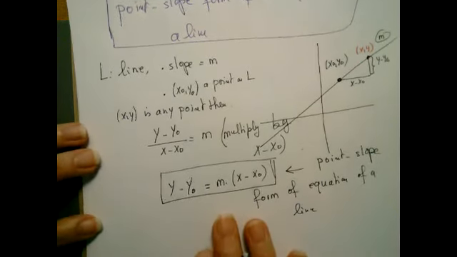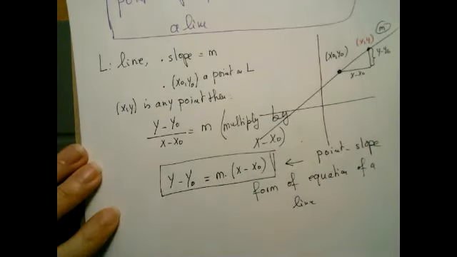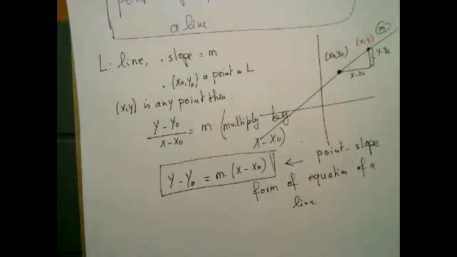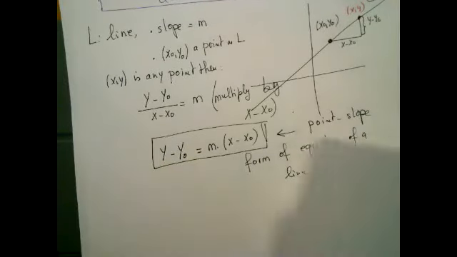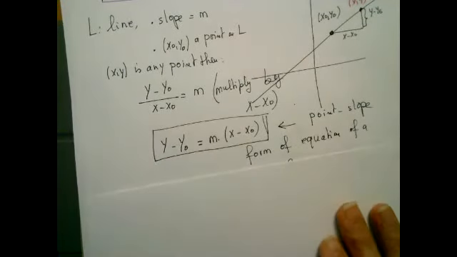So let us use this form immediately. I'm going to take a line and we are going to use this form to find the equation of the line, not y equals mx plus b. So here is my problem.